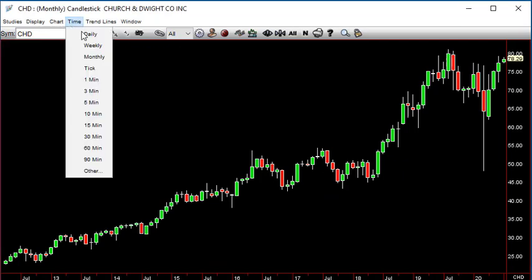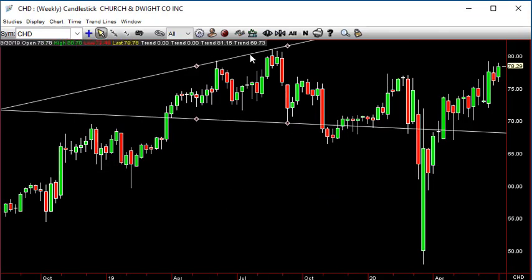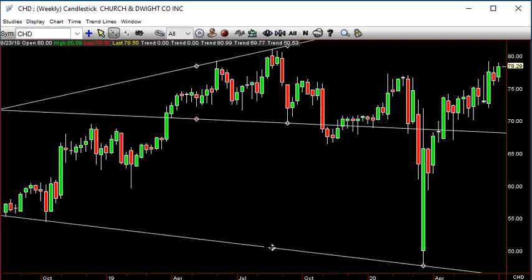Church and Dwight, another good one. They got them good in here, they did. Like so. This becomes the outside bar of all that. You can see another series in here.